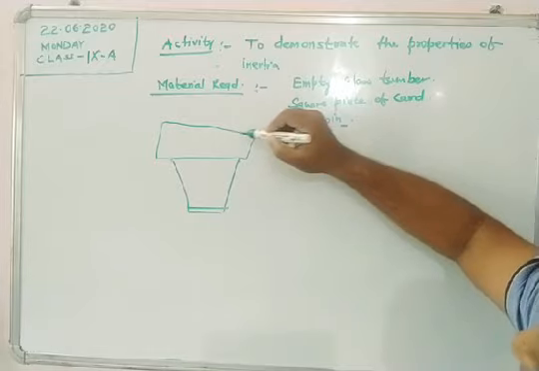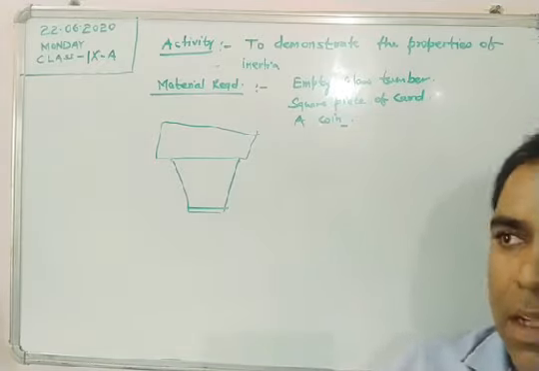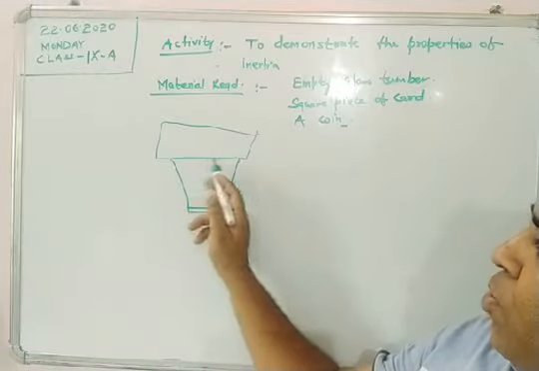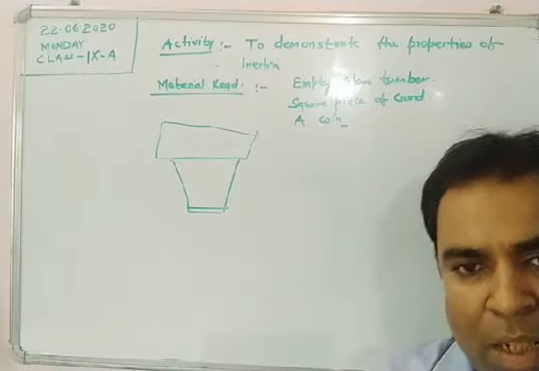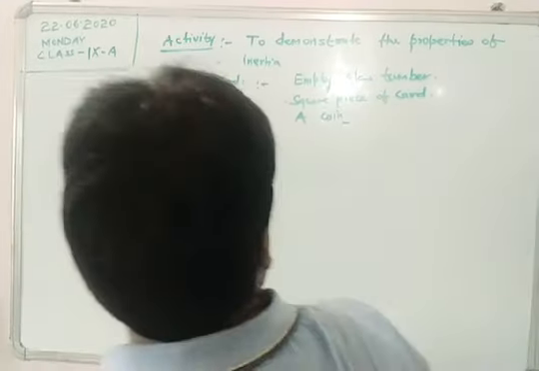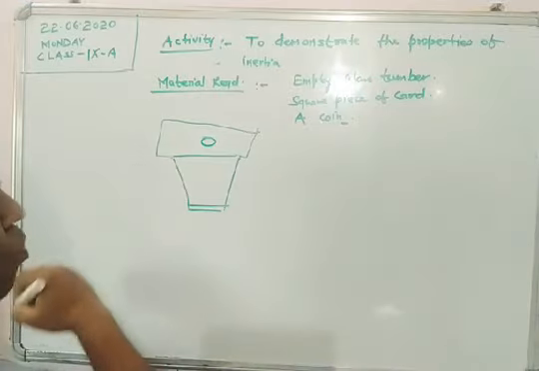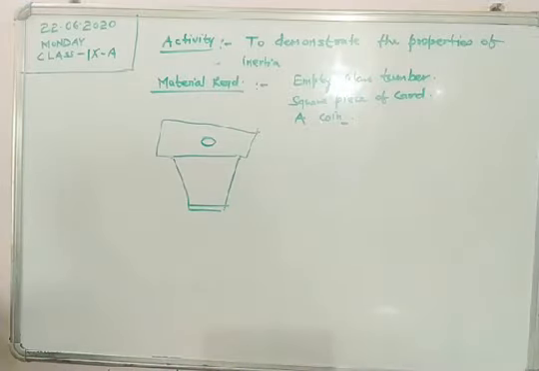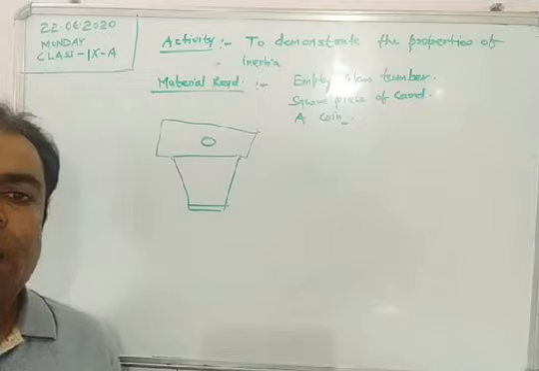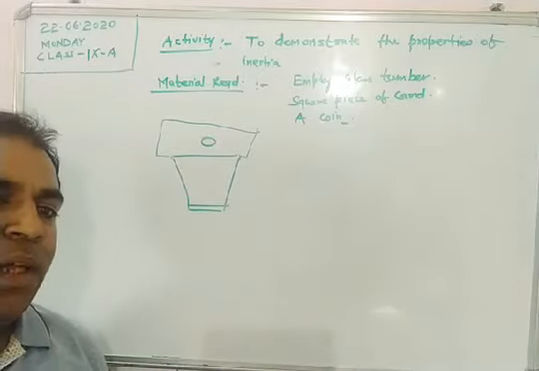There will be one piece of postcard or any card placed over the mouth of the glass. Now, at the center, you place one coin, a 1 rupee coin, any coin. Now, all this setup has been done.